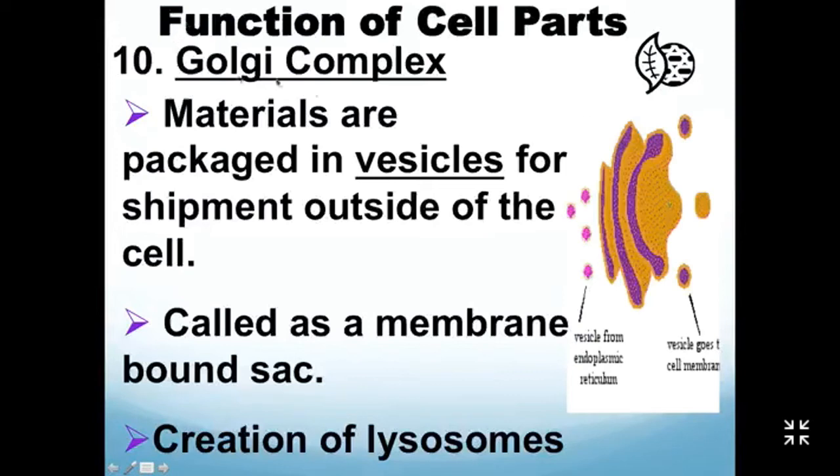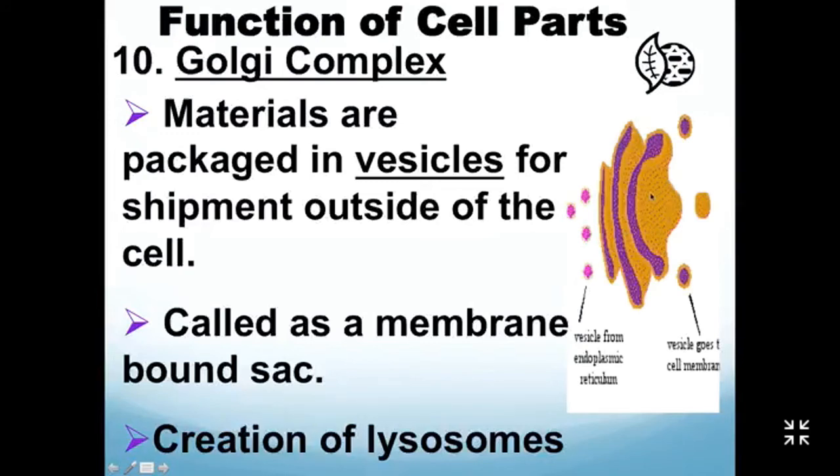Materials are packaged in vesicles for shipment outside of the cell, called a membrane-bound sac. It is also the creation of lysosomes, where the lysosome, another organelle, is produced inside the Golgi complex.